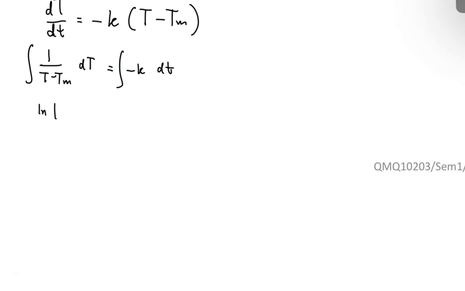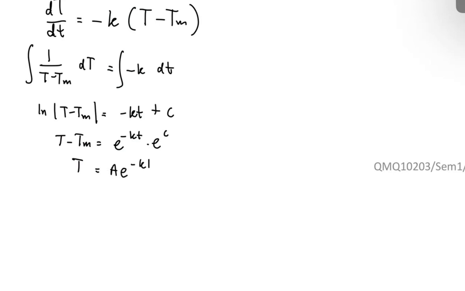We get ln (T minus Tm) equal to minus kt plus a constant c. Take the exponential of both sides. On the right-hand side we get exponent minus kt times exponent c, which gives T minus Tm equal to A exponent negative kt.